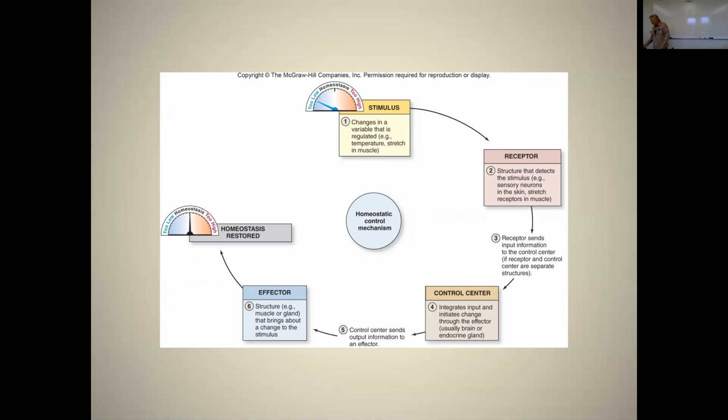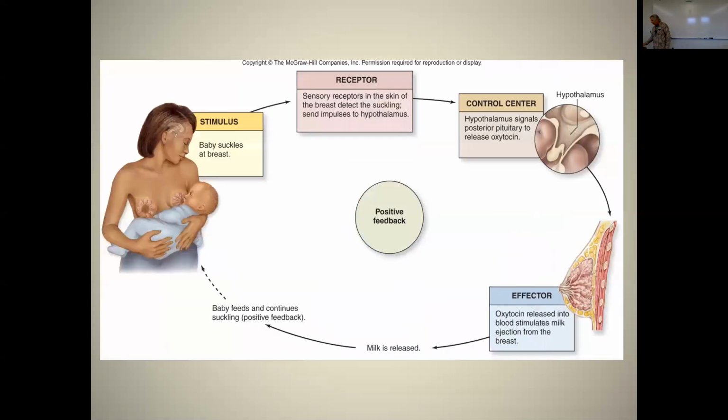So, homeostatic control mechanism. Here is a positive feedback mechanism. It wasn't mentioned, but breastfeeding is a positive feedback mechanism. The baby suckles the breast. Sensory receptors in the skin of the breast detect the suckling and send impulses to the hypothalamus, which is in the brain, and that's where the control center is.